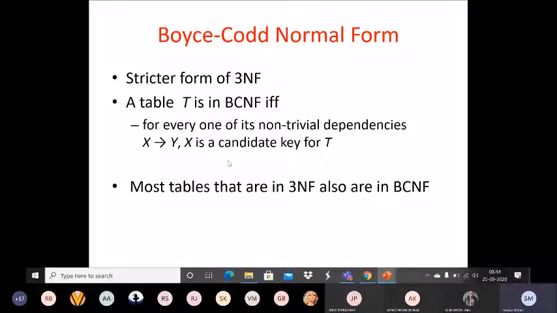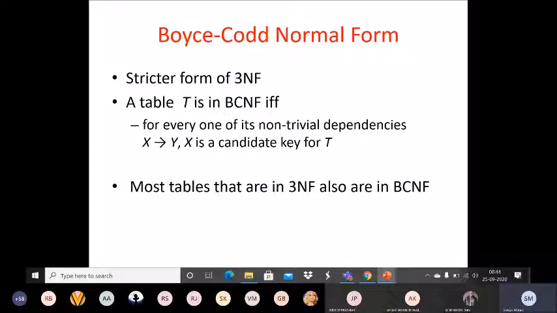The second line is very important: most tables that are in 3NF are also in BCNF. It's very difficult to get tables which are in 3NF but not in BCNF, so we have shown you that type of table also.